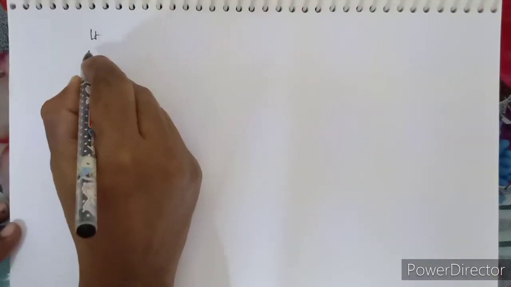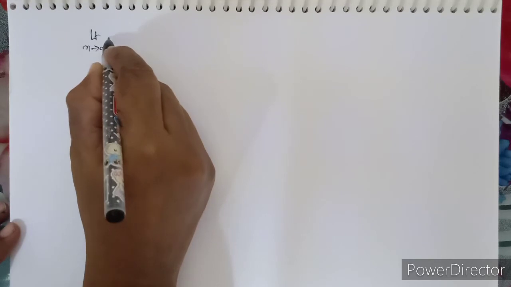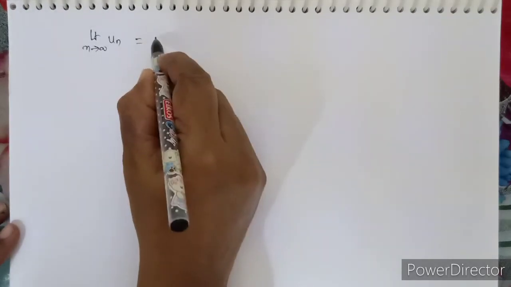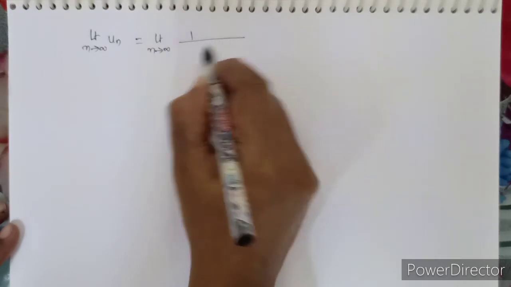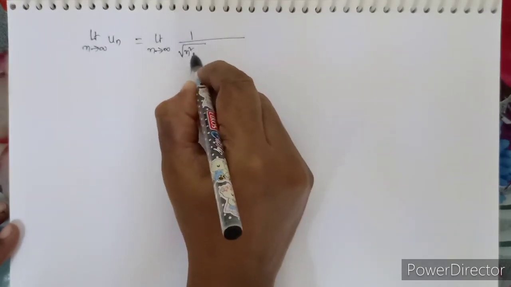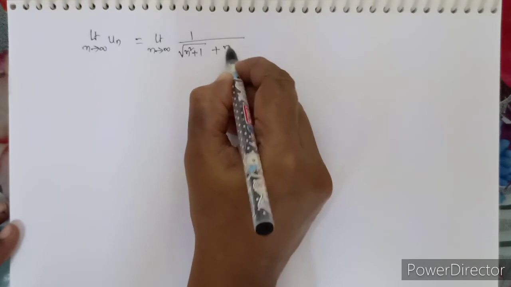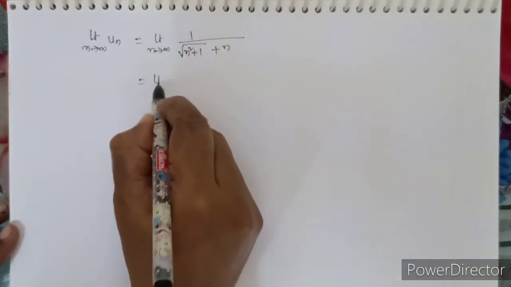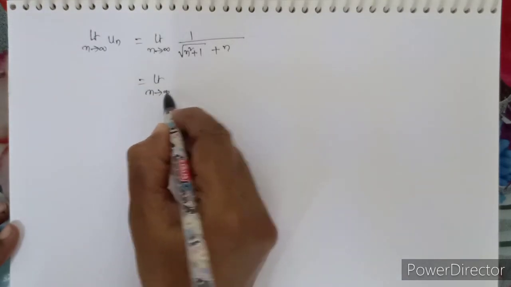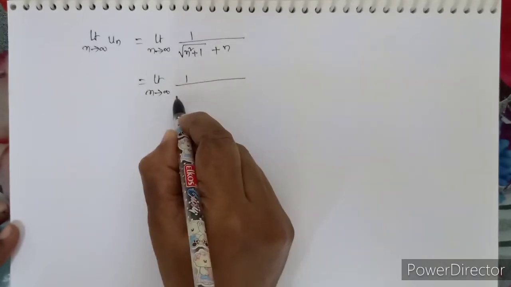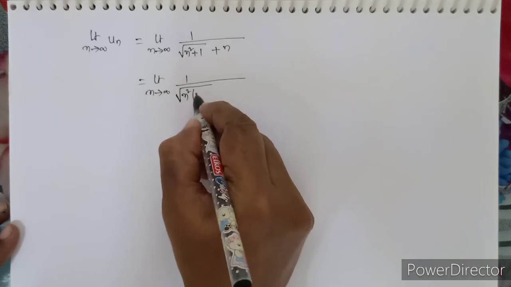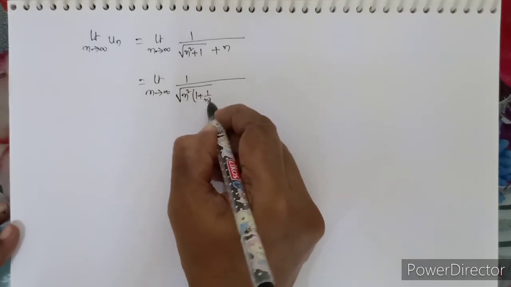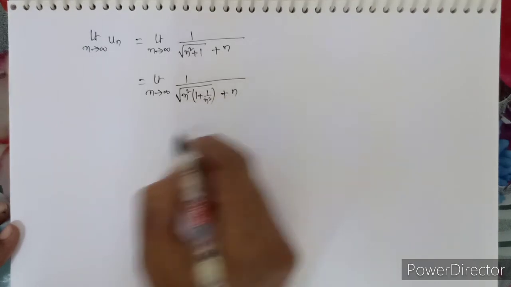Now we'll see the second condition of Leibniz test. Limit n tends to infinity u_n equals limit n tends to infinity 1 by root of n square plus 1 plus n. We take n square common: 1 by root of n square into (1 plus 1 by n square) plus n.